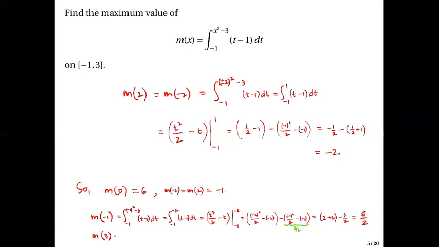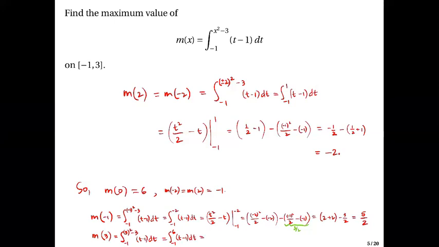And then for m of 3, we have the integral from negative 1 to 3 squared minus 3, of t minus 1 dt. So here you have the integral from negative 1 to 3 squared, which is 9, 9 minus 3, that's 6, of t minus 1 dt.